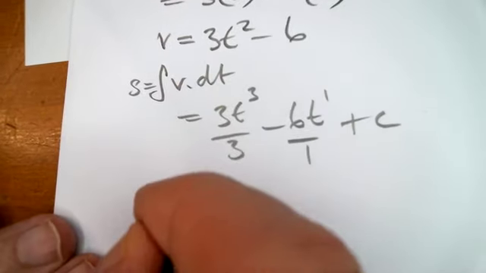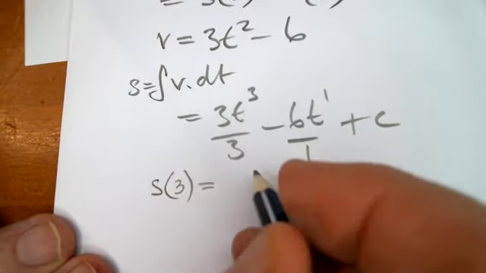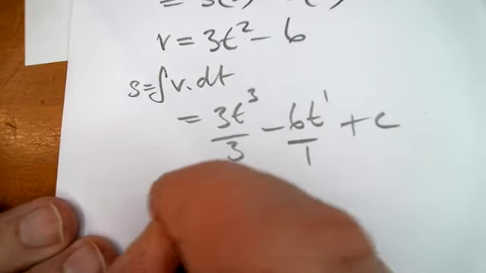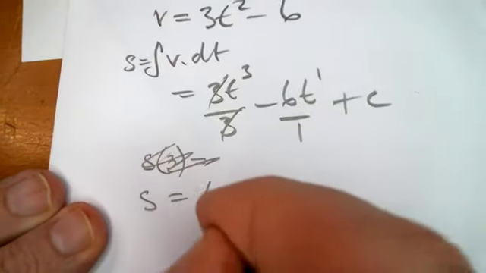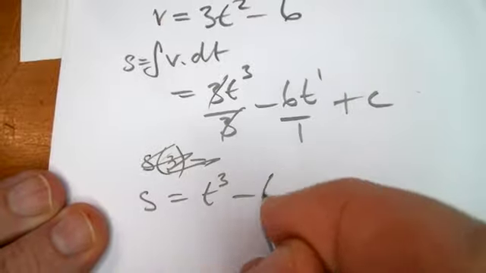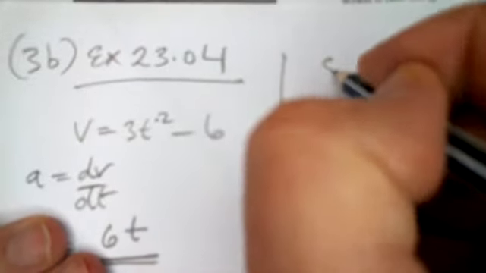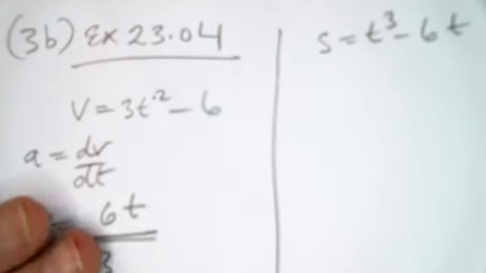Tell you what, I'm going to tidy this up first. So S is equal to t cubed minus 6t.